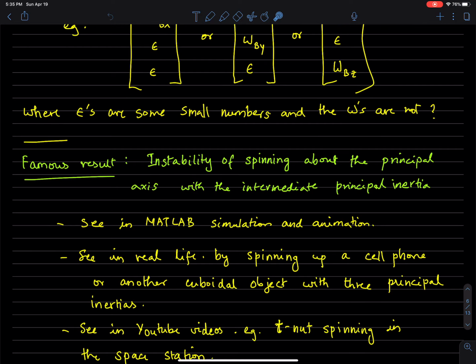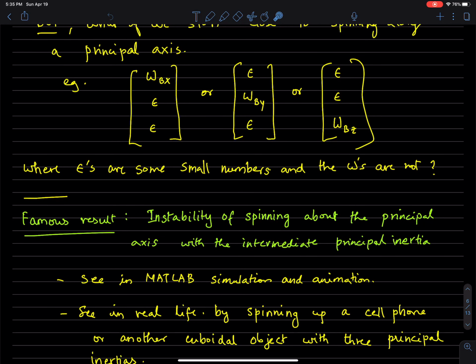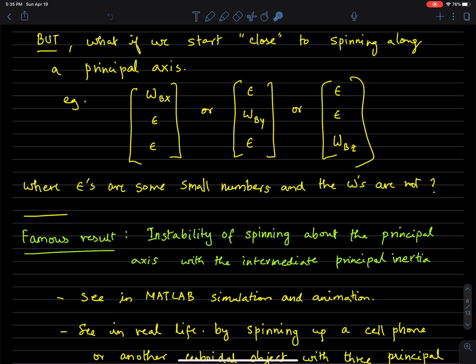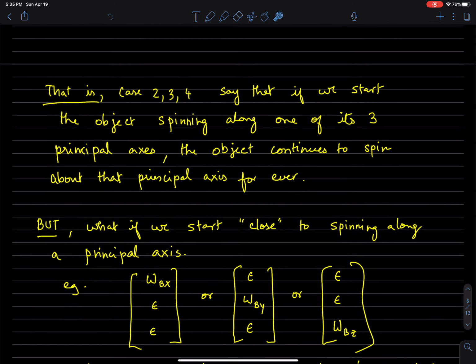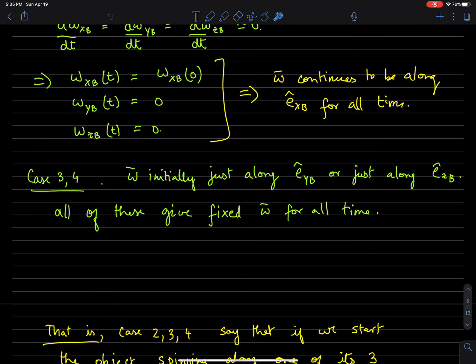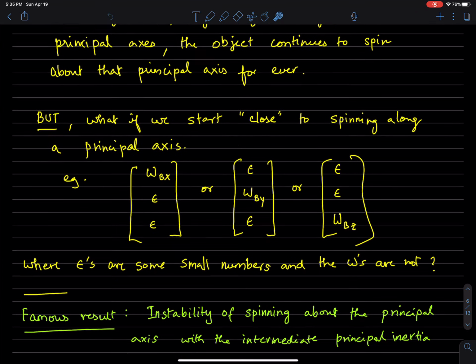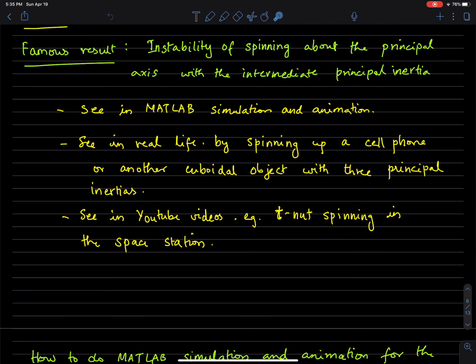These epsilons need not be the same, and they are considered to be very small numbers, much smaller than this quantity. So what happens when we start with a small perturbation away from these perfect initial conditions where it's spinning along one of the principal axes?